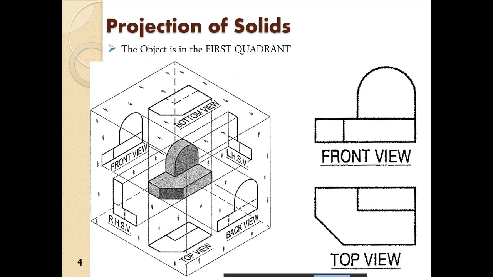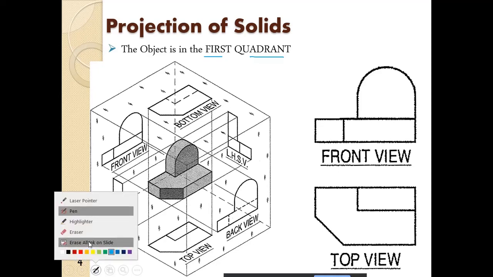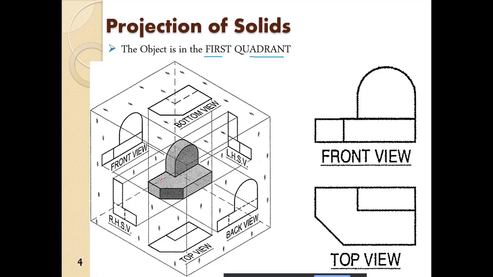So when we consider the first angle projection, this particular object is in the first quadrant, right? So this is the object here. If we see from the front, first of all we will see this circular section and the surface here.